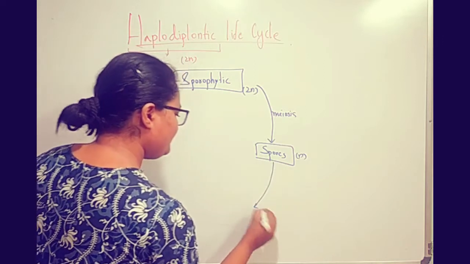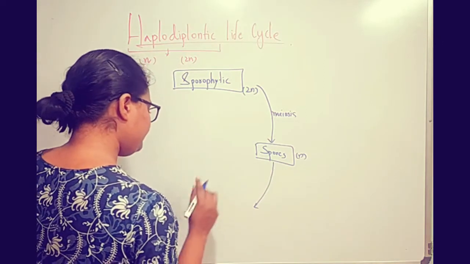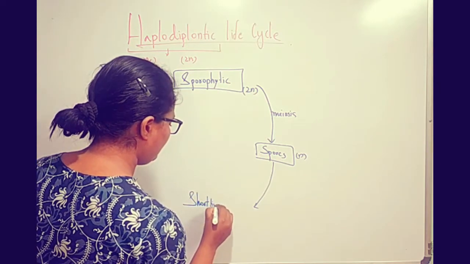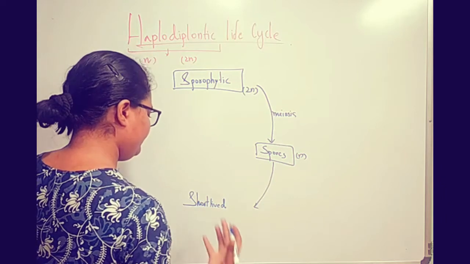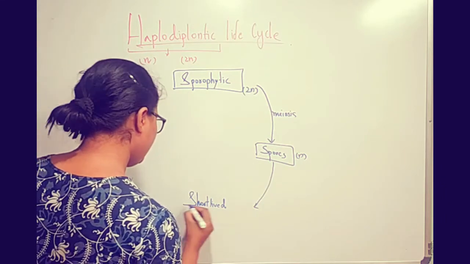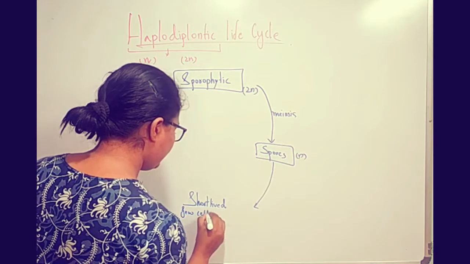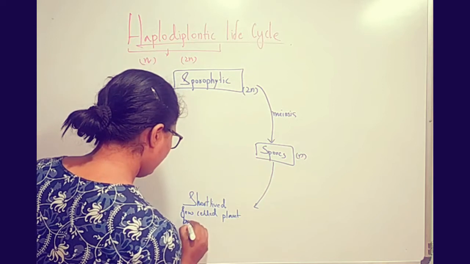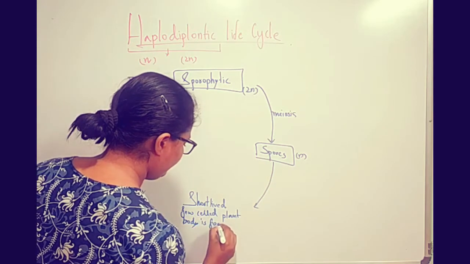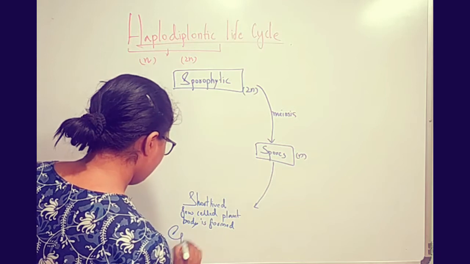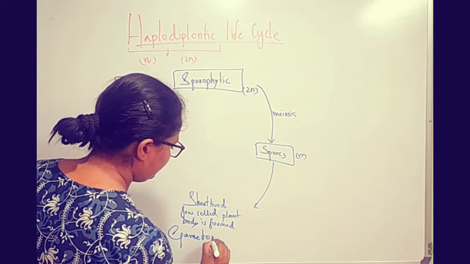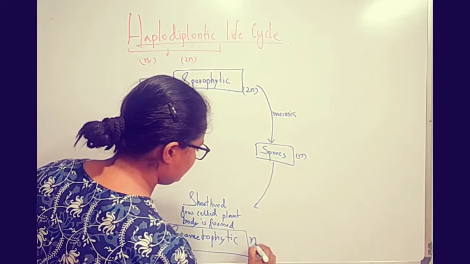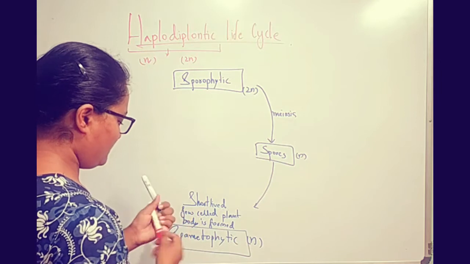From the spores, always a short-lived, multicellular plant body is formed. That is our gametophyte or gametophytic generation, which is n. One more thing I need to tell.